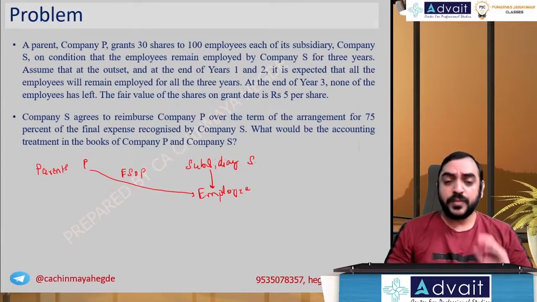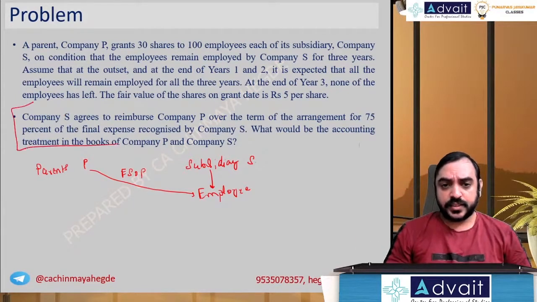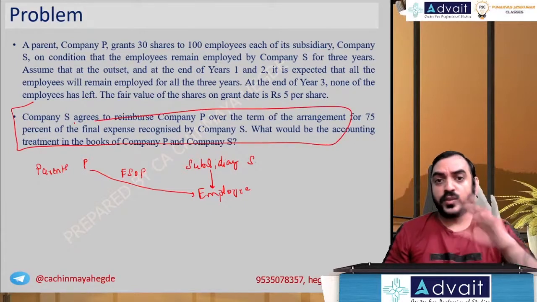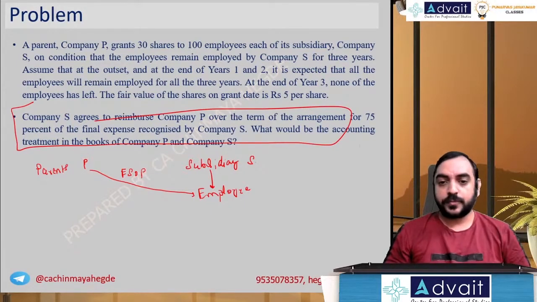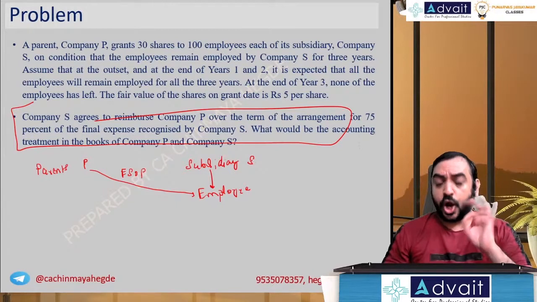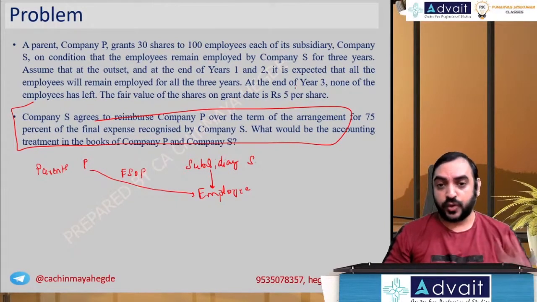So please think: if this statement was not there and the grant was given directly, what would be the situation? Now the subsidiary, how would they have recognized this payment amount, 5 per share, whatever the amount to be paid?